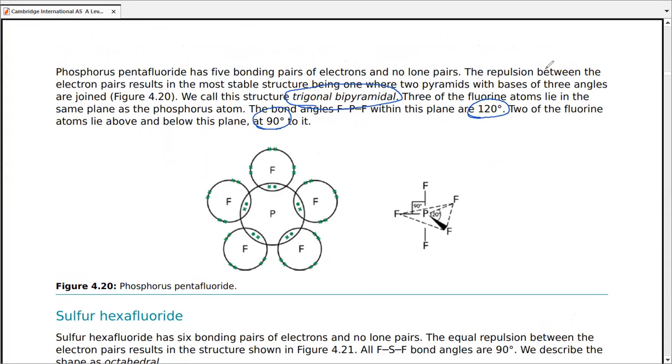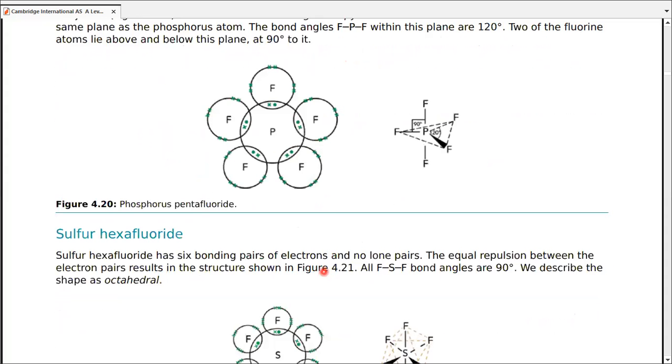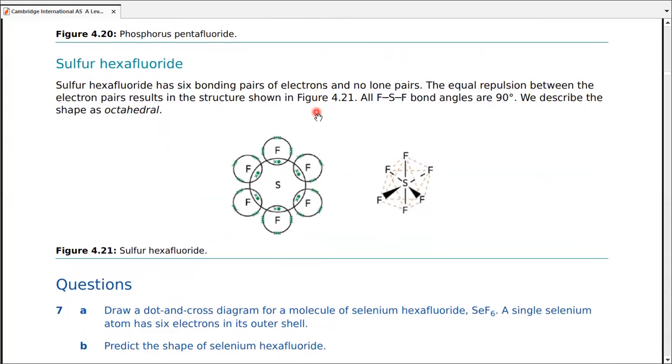Okay, so moving on, another example like this, sulfur hexafluoride, another expanded octet, all bonding pairs, no lone pairs. The equal repulsion between electron pairs again results in a very stable structure. All FSF bond angles are 90 degrees. The shape is octahedral, meaning 8 heads.